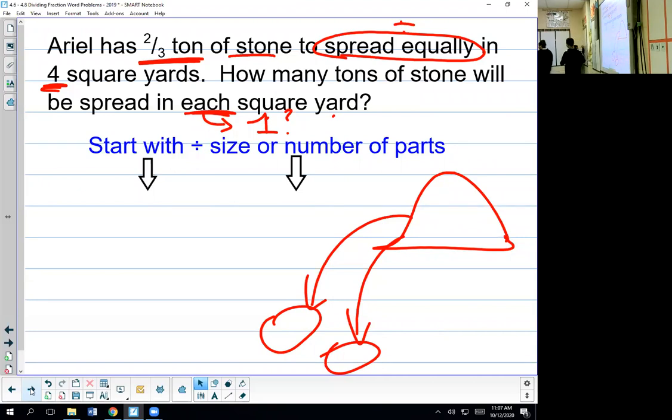You have 4 yards, right? When you said 1/6 plus 1/6 plus 1/6 plus 1/6 gives me, real quick, Nathan, right? So 4 sixes. Does that equal 2/3? So we have 4 yards, and we're dividing it by 2/3.